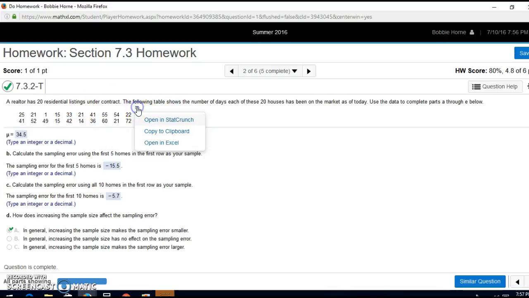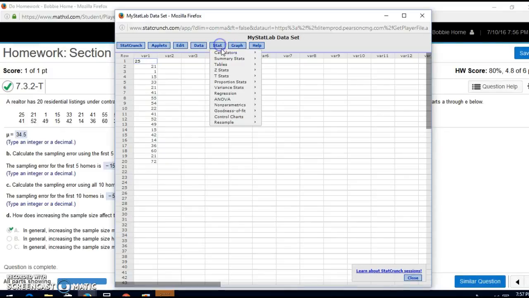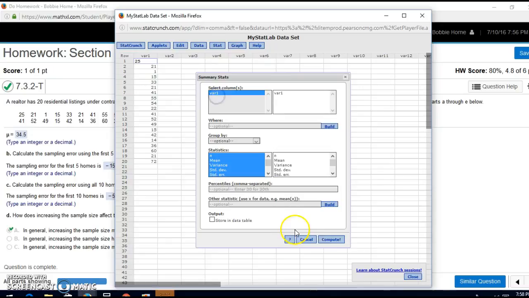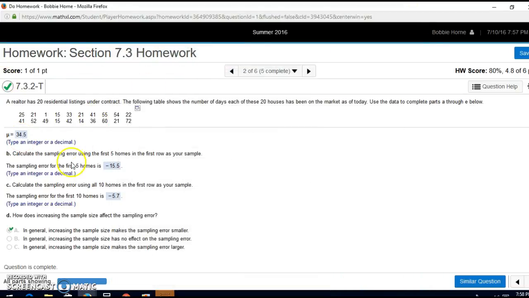So you can calculate what we call mu, the population mean. You could add them up and divide by 20, but I'm just going to use StatCrunch, and I get 34.5 for the mean, for mu, the population mean.